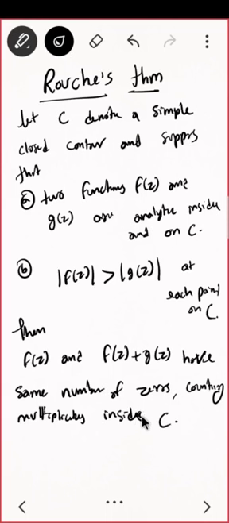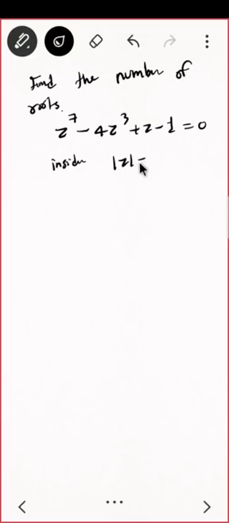Okay, now what is the benefit of this theorem? Let us see one example. Suppose in some question they are asking you to find the number of roots of the equation z raised to 7 minus 4z cube plus z minus 1 equal to 0 inside mod z equal to 1.